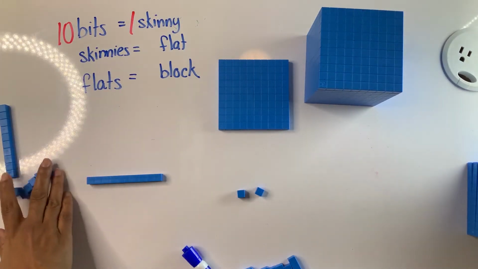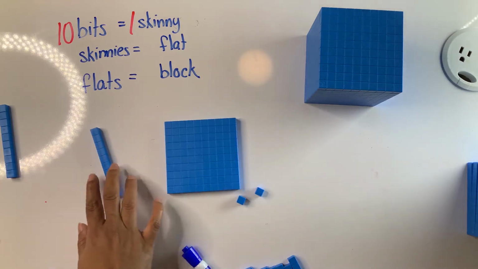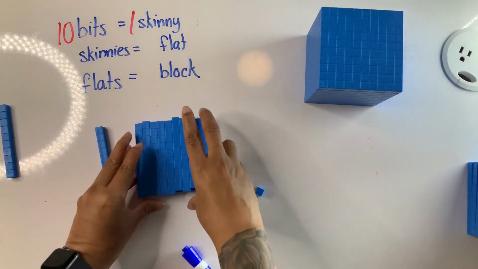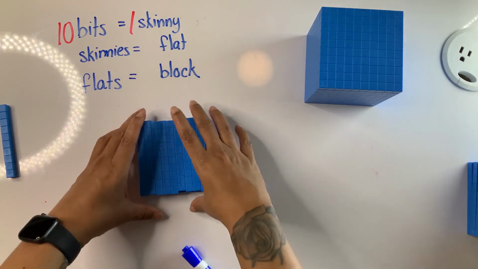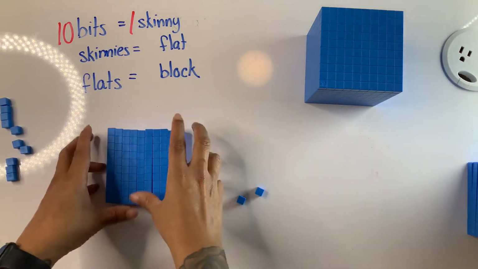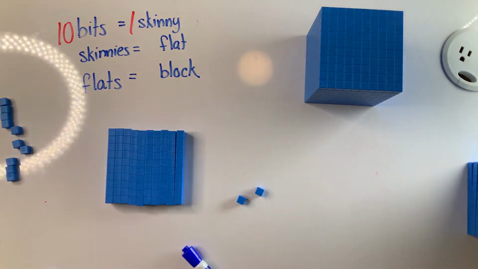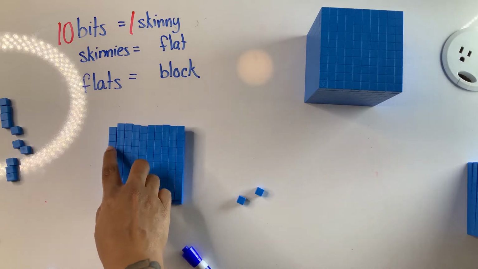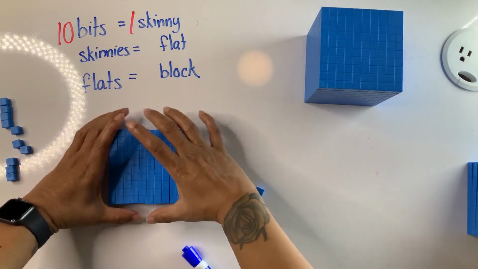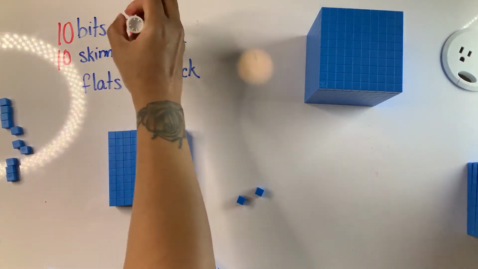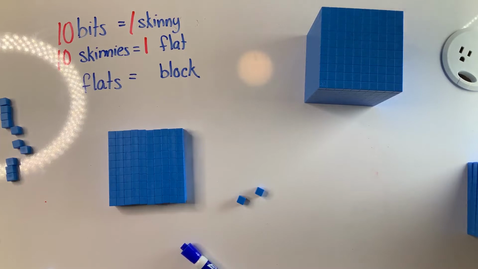And if I want to figure out the relationship between these skinnies and this flat, same thing, it also takes 10 to have the same size. Okay, there it is. You can see I covered it completely, and this is 1, 2, 3, 4, 5, 6, 7, 8, 9, and 10. They completely cover it. So 10 skinnies make one flat.